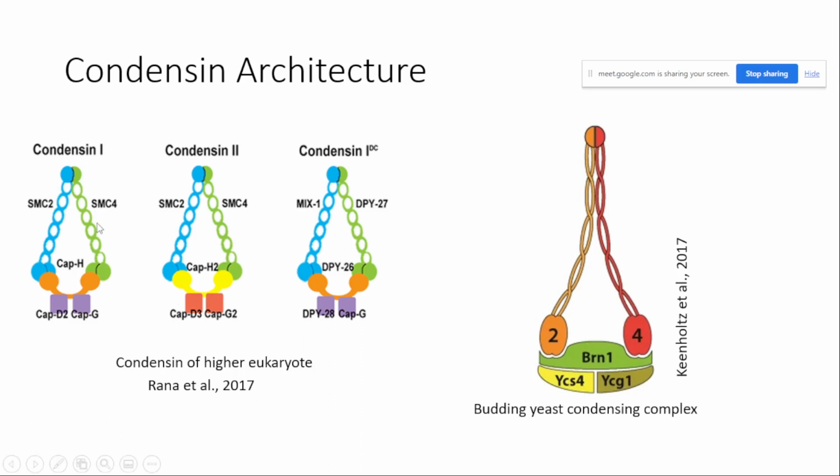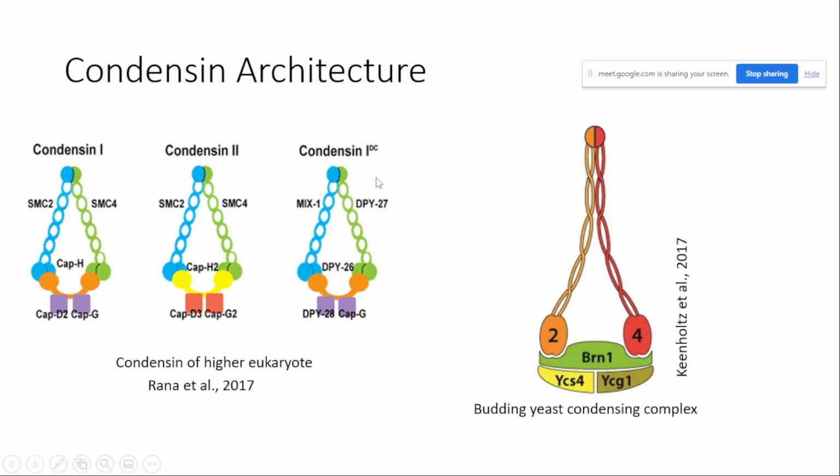Mainly there is condensin 1, which has SMC2, SMC4, a kleisin called CAP-H, and also two HEAT repeat motif containing proteins, CAP-D2 and CAP-G. In condensin 2 there is SMC2, SMC4, but there is CAP-H2 in place of the kleisin CAP-H, and two HEAT repeat motif containing proteins, CAP-D3 and CAP-G2.